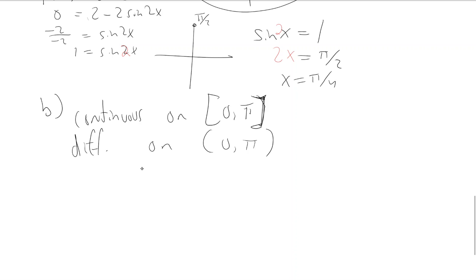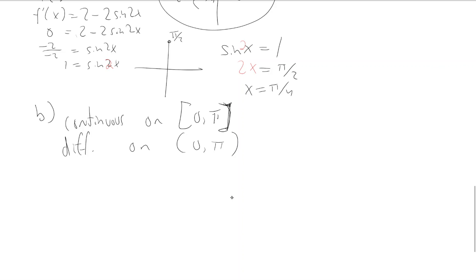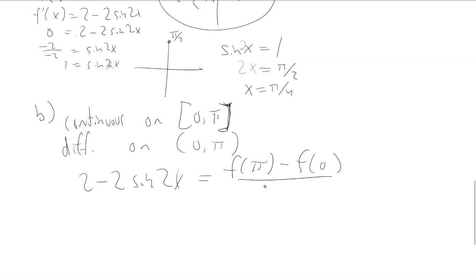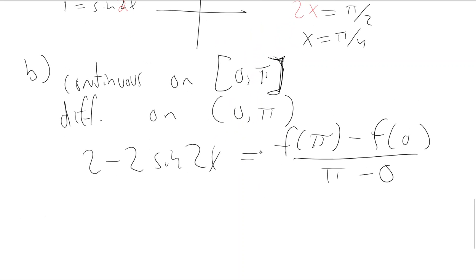So hopefully you guys are pretty quick at setting it up at least. Mean value theorem says the instantaneous rate of change is equal to the average rate of change. I feel like that step should be a little easier because you guys had so much practice from that circuit. If I plug in pi into the function, I get 2 pi plus 1.